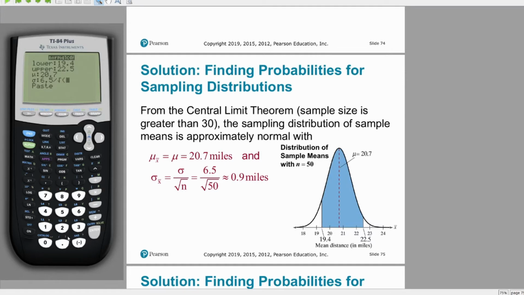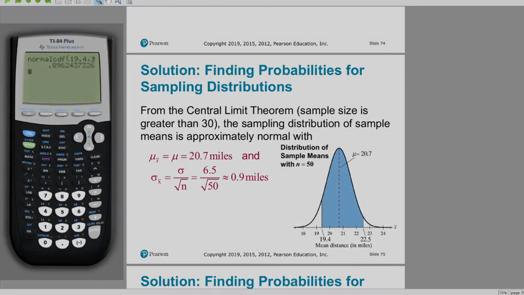So instead of the standard deviation 6.5, we divide by the square root of the sample size 50 to get the standard error. But again, the calculator doesn't say that's sigma sub x bar, it just says it's sigma. We just have to bear that in the back of our minds. Which is about 0.9, but when we put it in the calculator, we can be a little bit more exact.